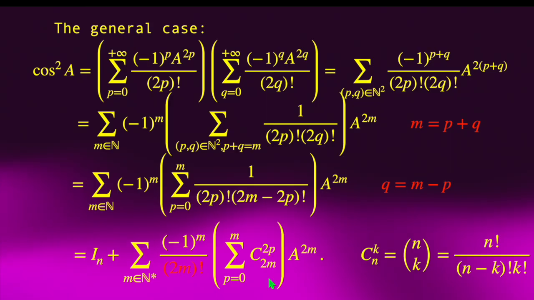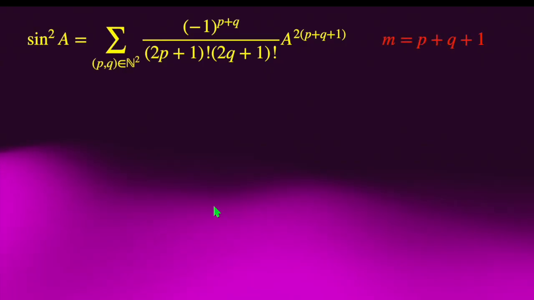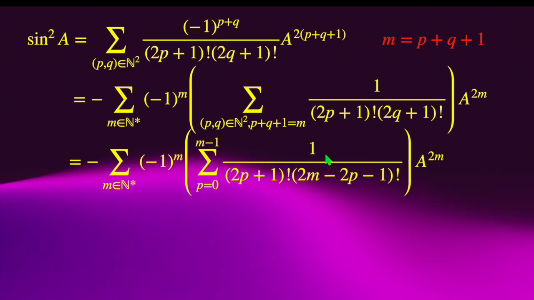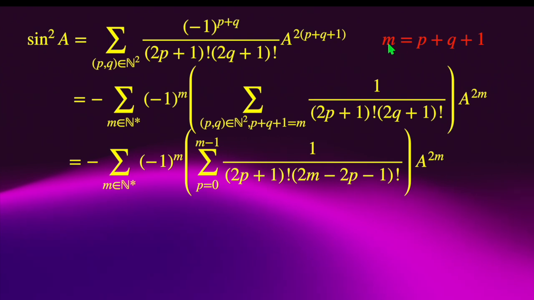We do the same for sine squared A. So here we take m equal p plus q plus 1, and we get this formula, and now we replace q by m minus p minus 1.